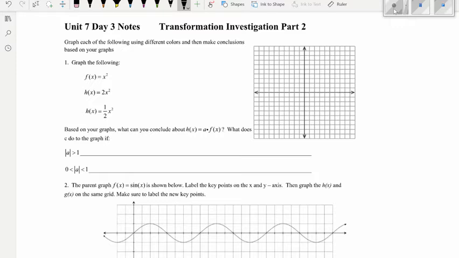So looking at the first problem, our parent graph is x squared. And so we could make a table if we want to help us graph this, but we know that 0 squared is 0, 1 squared is 1, 2 squared is 4, and 3 squared is 9.